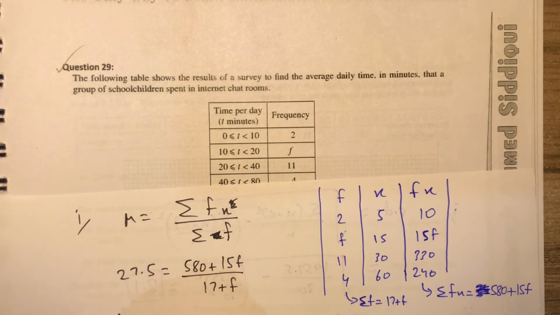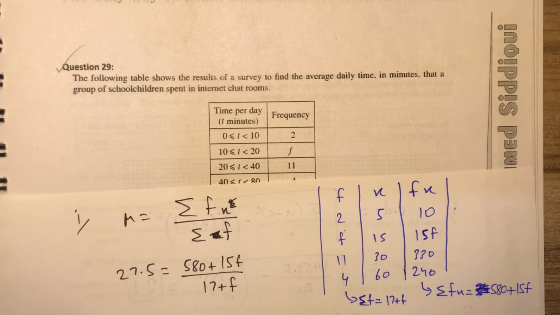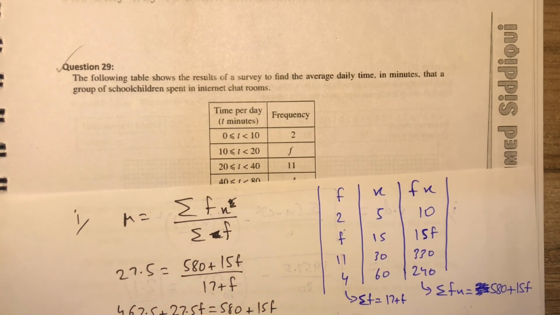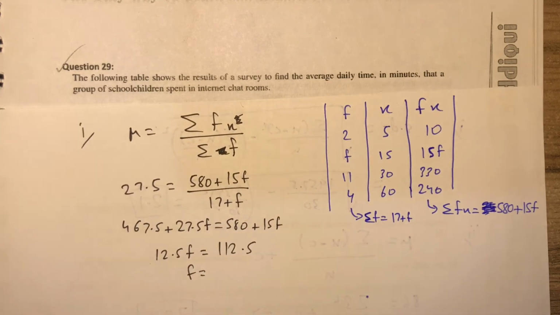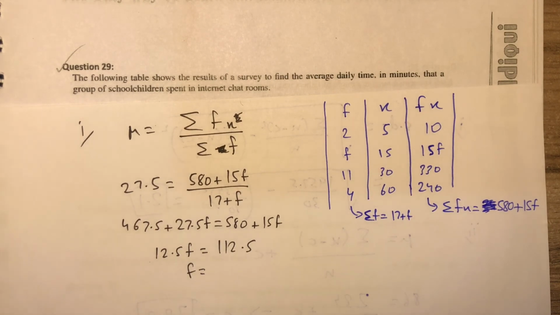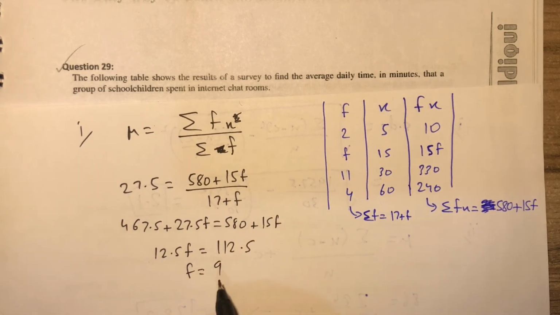So 27.5 times 17 is 467.5 plus 27.5f equals 580 plus 15f. 15f taken to that side, that will be 12.5f equals 112.5. So f equals 9.